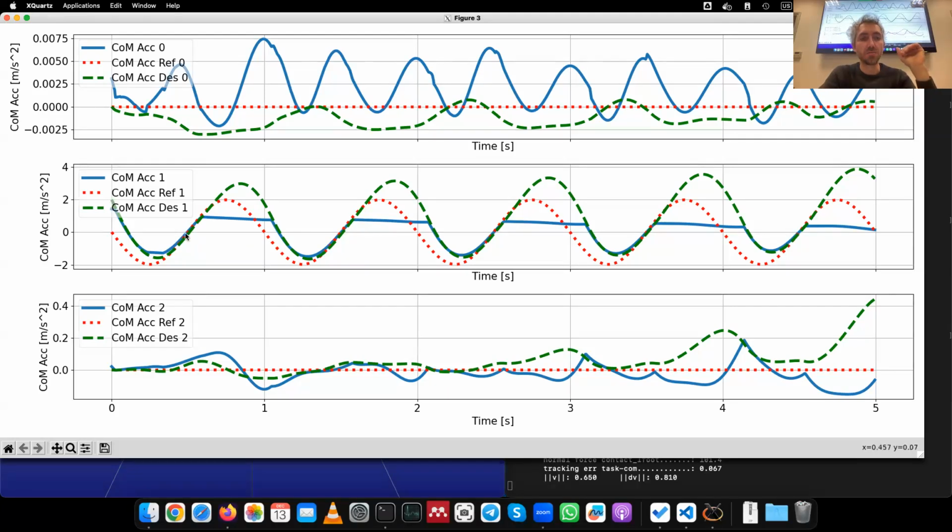And so we get this slow divergence to one side. I think this should even be possible to reproduce and predict by using the simplified model we're going to introduce next. And here we can clearly see again this saturation of the CoM acceleration. We can see that really the system cannot produce more than a certain value. And we're going to understand where this limitation comes from in a moment.